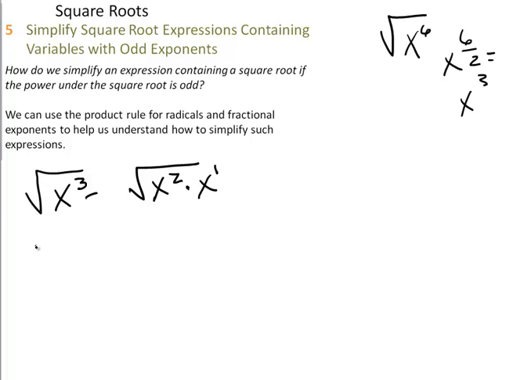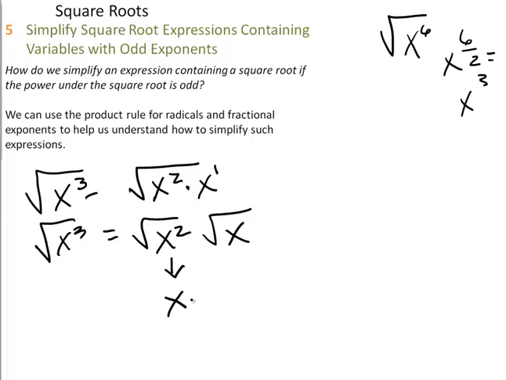So you end up with the square root of x to the 2nd times the square root of x. You can take the x out of that, and you'll have x times the square root of x.